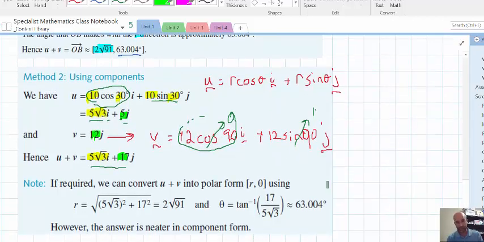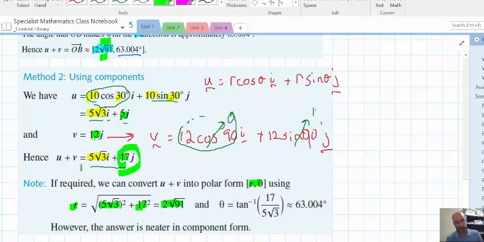Now you can leave it like that because it tends to be a bit nicer, but if you need to have it back in the original polar form, you need to reconvert it back. So remember, r is the square root of x squared plus y squared, and that's the same as the 2 root 91 from above there, yay.